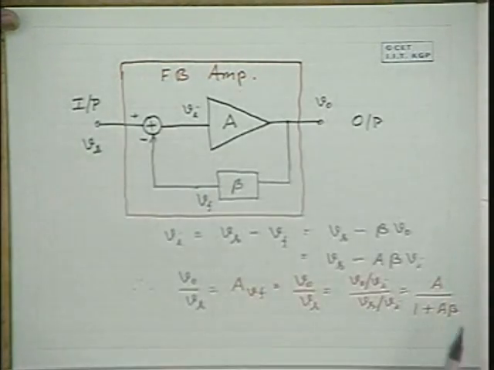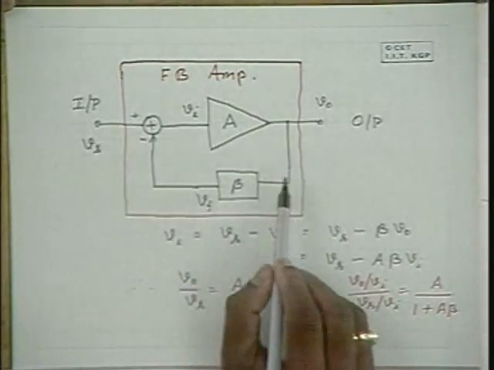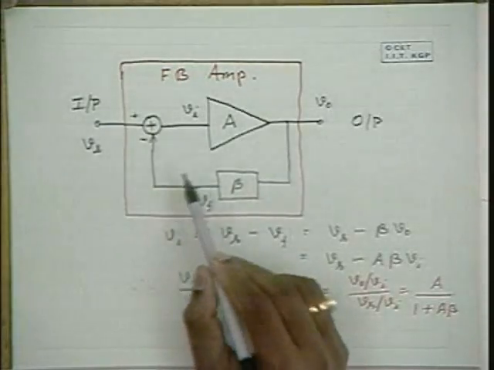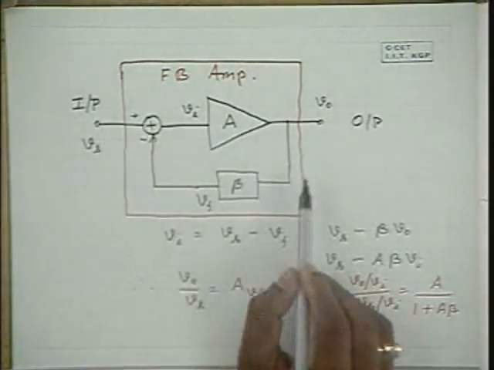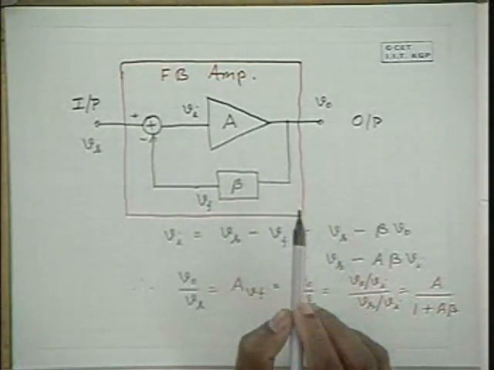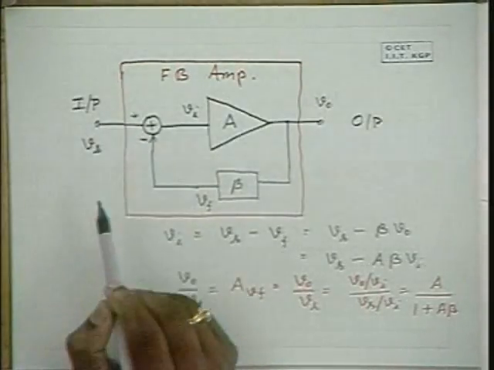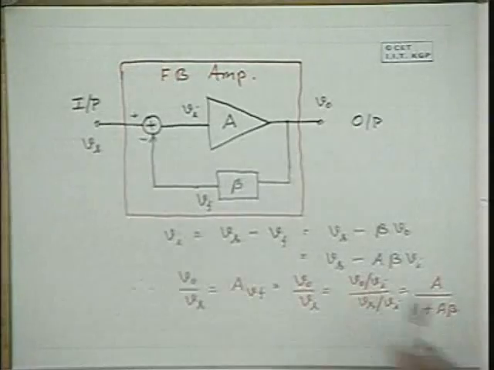Therefore, the V0 by Vs ratio is A by 1 plus A beta, where A is the gain of the amplifier without feedback, and beta is the voltage ratio of the feedback quantity to the output quantity. In terms of this, the gain of the amplifier is like this, where the feedback is negative. If the feedback is positive, you would have got A by 1 minus A beta.